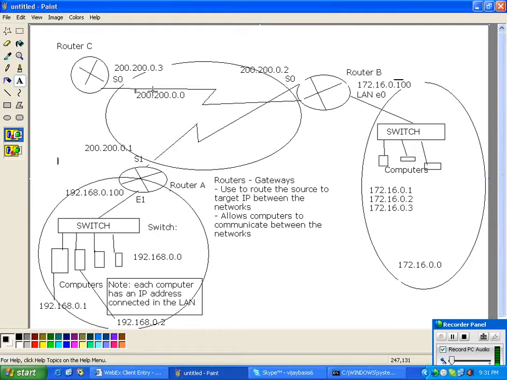It is just a label given to the serial port, S0, S1, S2. It can be any. In the router, it is predefined.